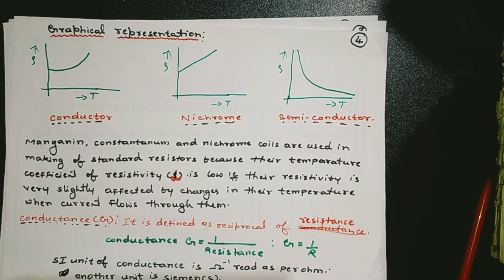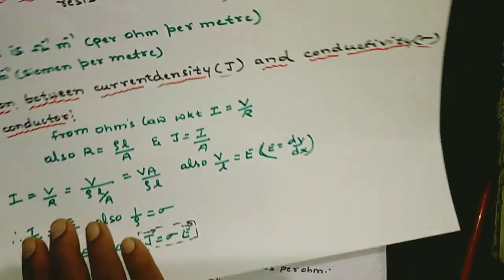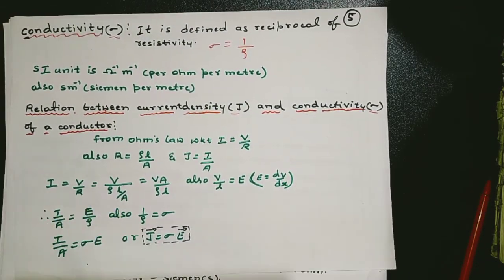So with change in temperature, the variation in resistance will be very small. Then we learnt about conductance, reciprocal of resistance, having SI unit as siemens. Then we also learnt about conductivity, reciprocal of resistivity, SI unit being ohm inverse per meter.